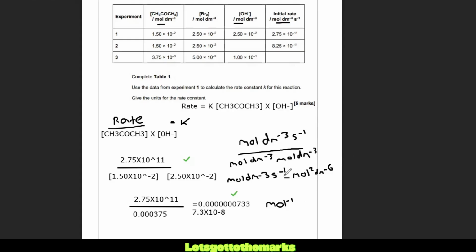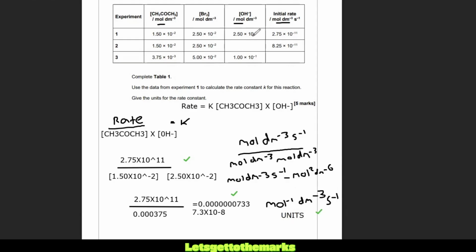And of course, that's going to make a plus, so I'm technically adding 3 to minus 6. So what I'm going to get is dm to the minus 3. And then s to the minus 1 minus nothing, we're not taking anything away from it. So it's just mole to the minus 1, dm to the minus 3, s to the minus 1. And they are your units. So we're going to give ourselves a tick for that.